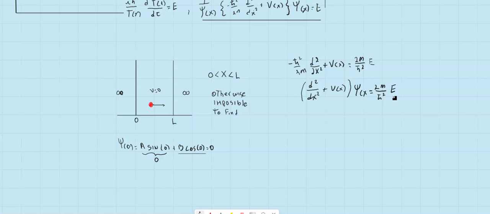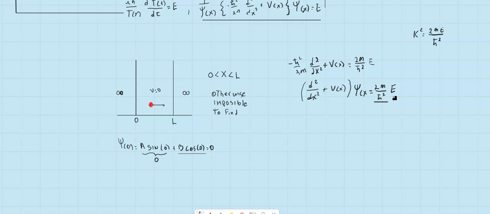But this part right here in front of E, I'm going to call k squared, equal to 2mE over h bar squared.